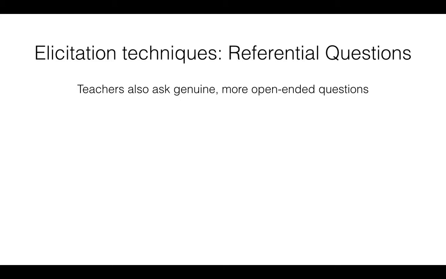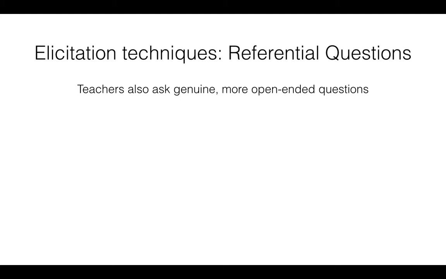Most of the time, referential questions are used in order to elicit opinions of the students. But they are not only for eliciting opinions or attitudes. You can elicit detailed information, and that's what you are looking for.